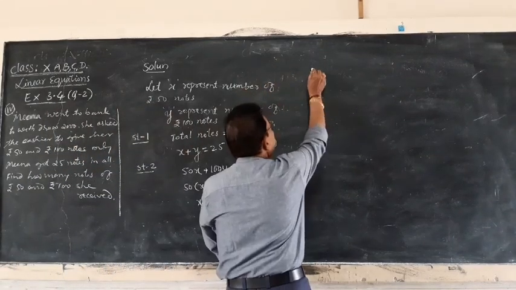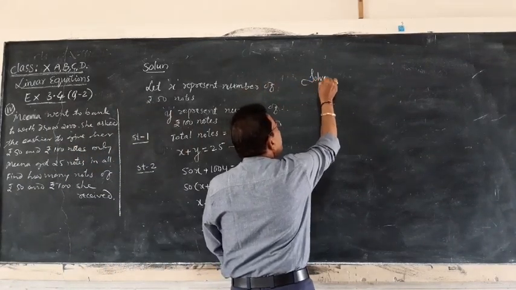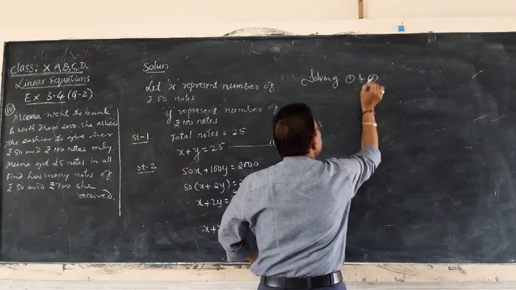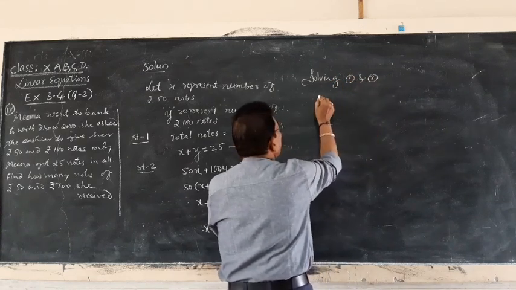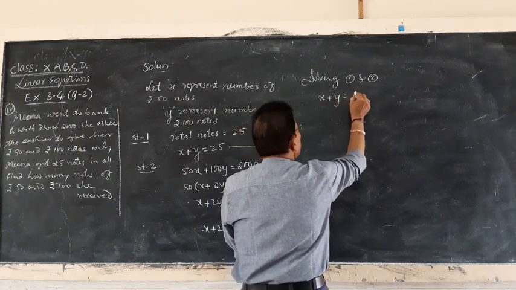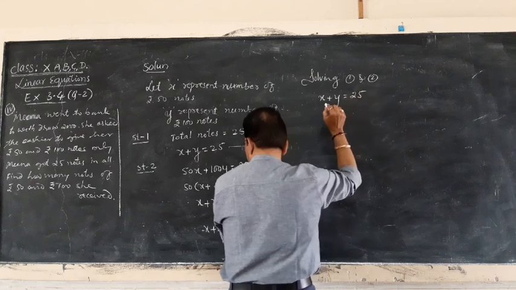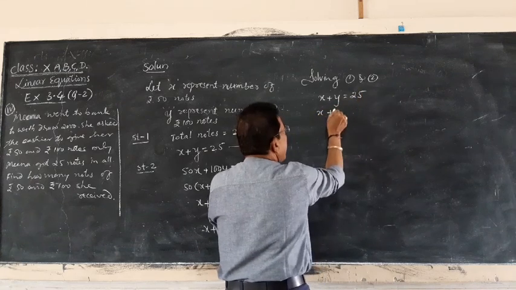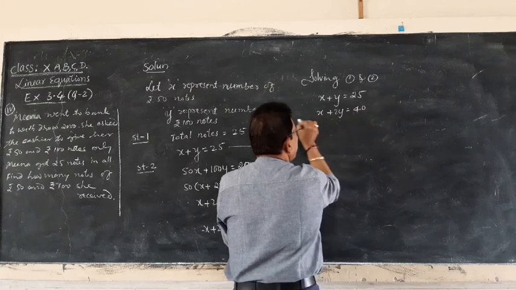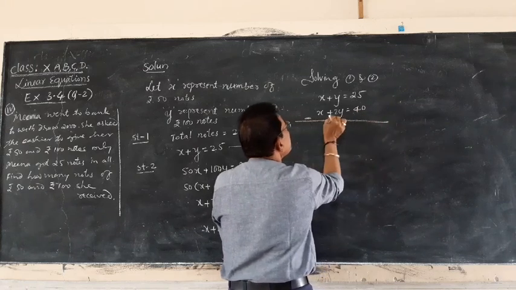Now solving 1 and 2. That is x plus y equals 25 and x plus 2y equals 40.